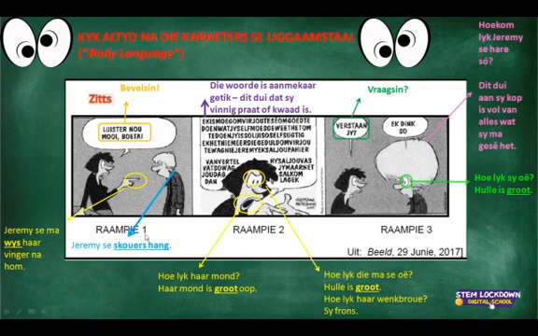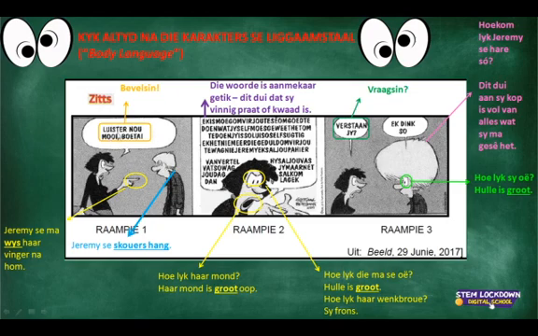We have a frame 1, 2 and 3. Okay, now it's very important, kyk altyd na die karakters se liggaamstaal. Always look at the characters' body language. That is important, and it is also important to look at the type of sentences.